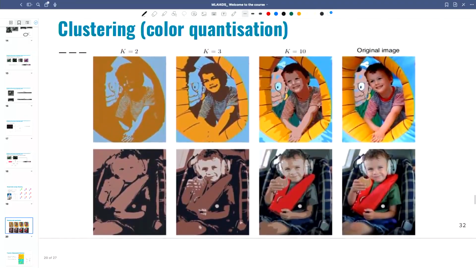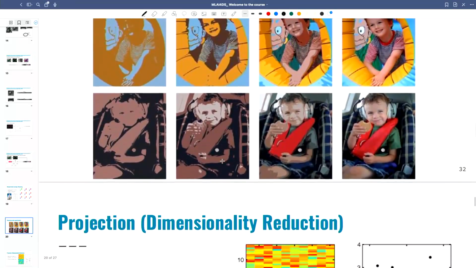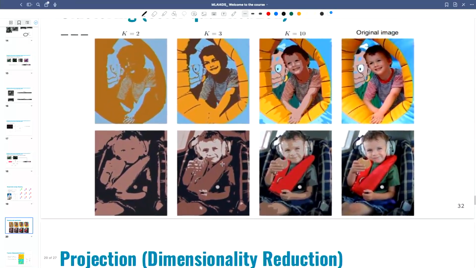And as you could see, if you increase the number of the clusters, you get more realistic looking colors for the image. For instance, with only 2 clusters, your image is barely an image. But you increase the number of the clusters, you get this lovely boy coming up from the picture. And same applies here.